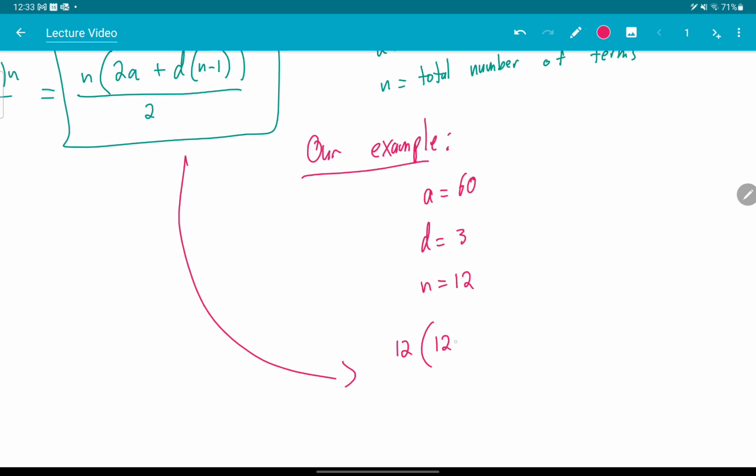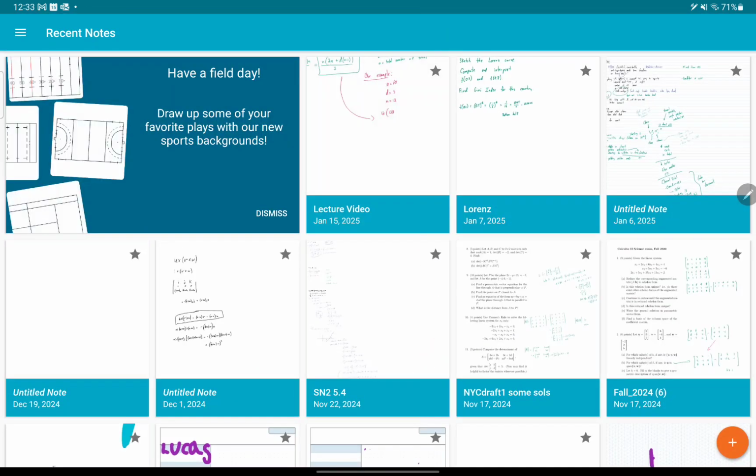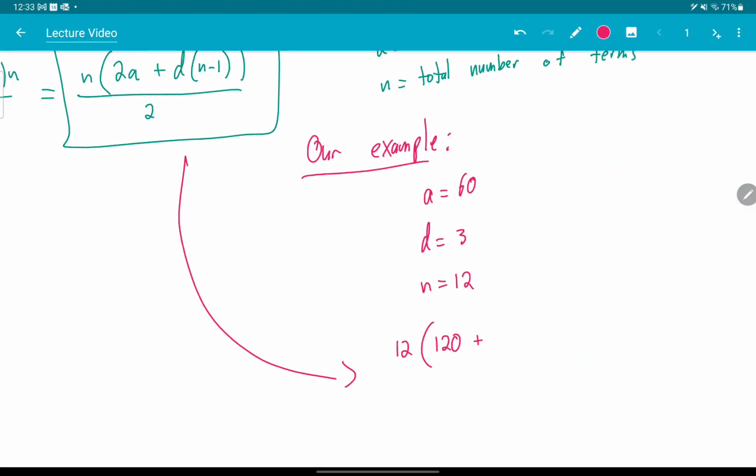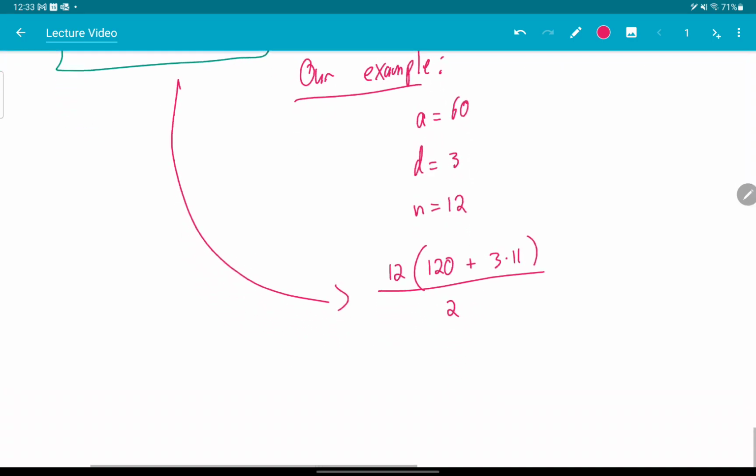So 2 times A is 120,000 plus 3 times 11. I'll divide by 2. 12 over 2, that's 6. 120 plus 33 is 150.